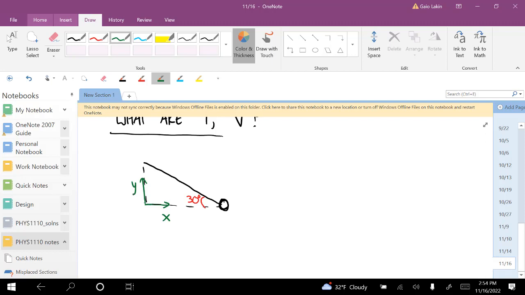Now the centripetal acceleration goes from the object toward the center of the circle. So that's this way. Make sure that you see that makes sense, that that's the direction of the centripetal acceleration.